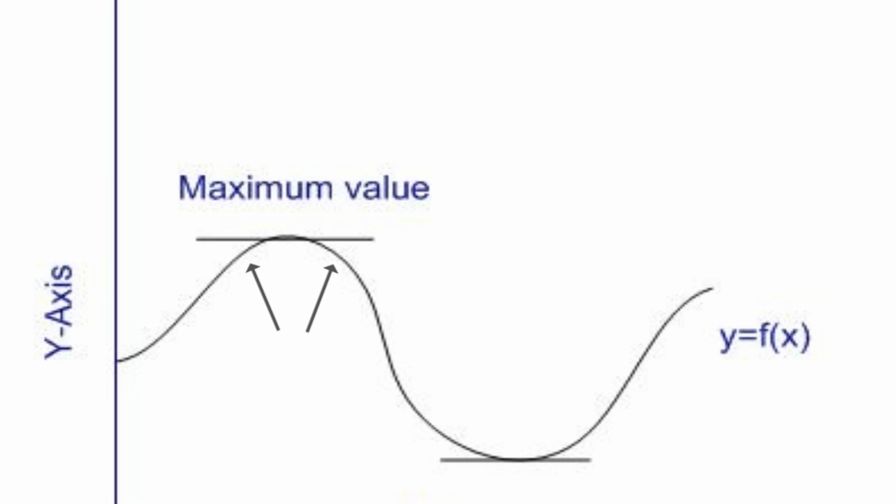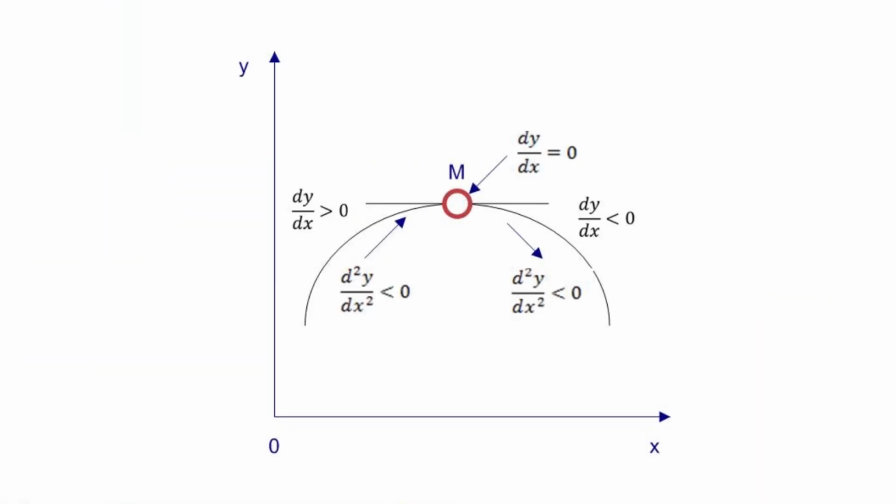In mathematical language, it may be said that immediately before attaining a maximum value, the first derivative is greater than 0 and the second derivative is less than 0. And immediately after attaining a maximum value, the first derivative is less than 0 and the second derivative is also less than 0. We finally arrive at a concave curve.